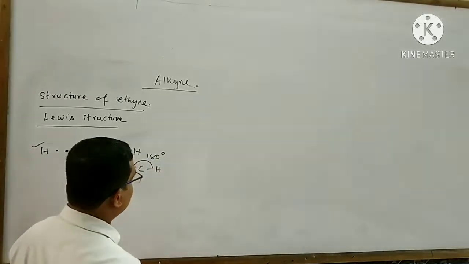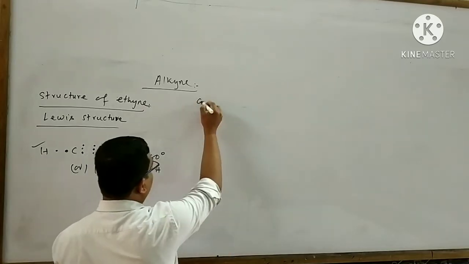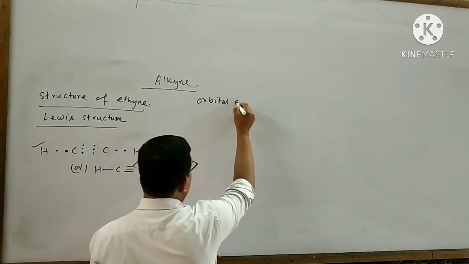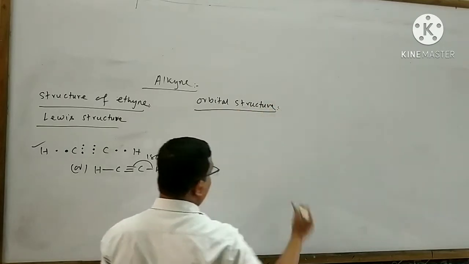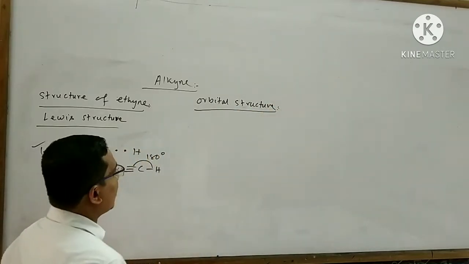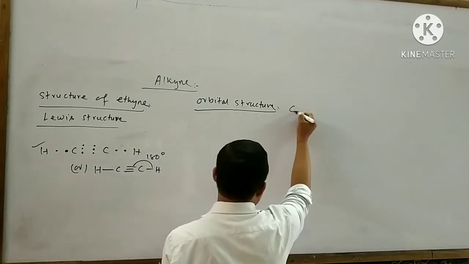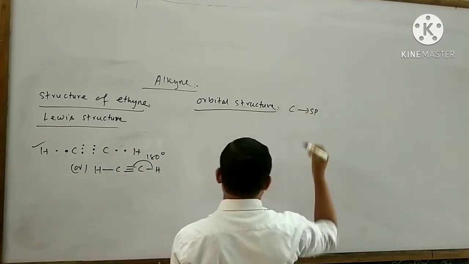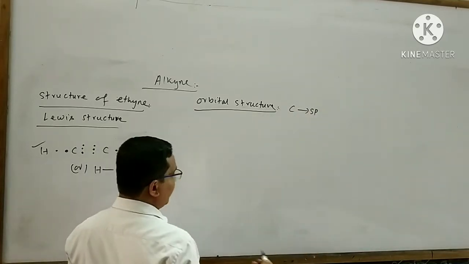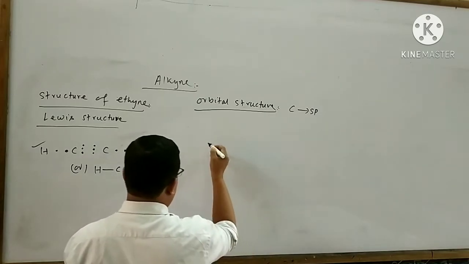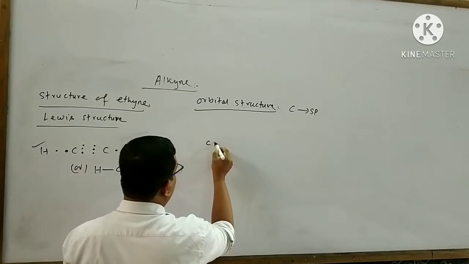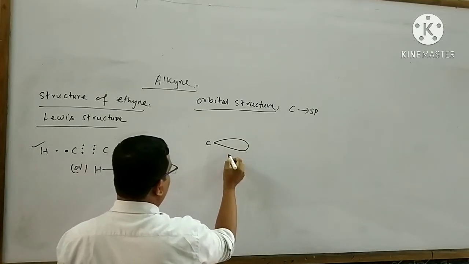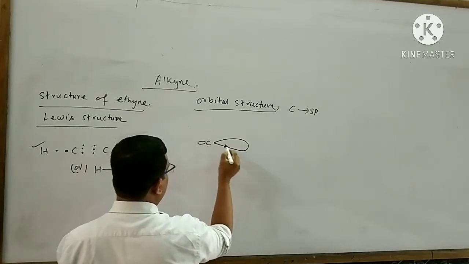Next, I want to explain about the orbital structure of ethyne. We know that in ethyne, the carbon atom undergoes sp hybridization. Suppose we take a carbon atom, I can draw the diagram like this. This is your carbon atom. This is one sp hybrid orbital.